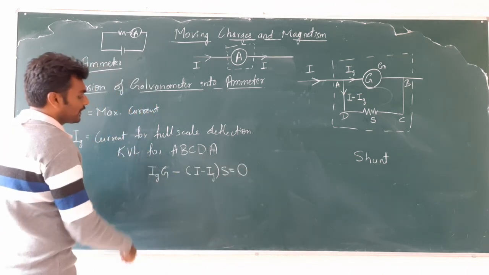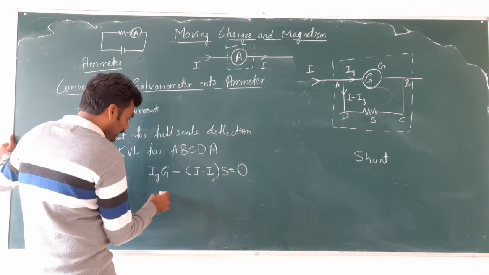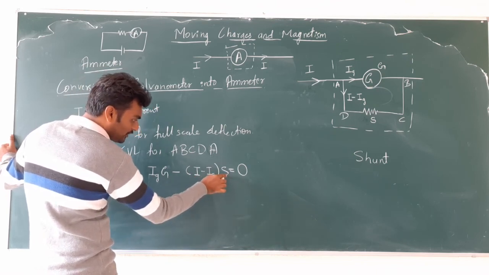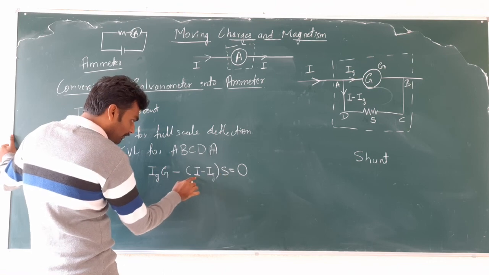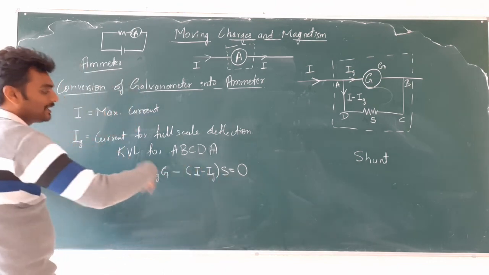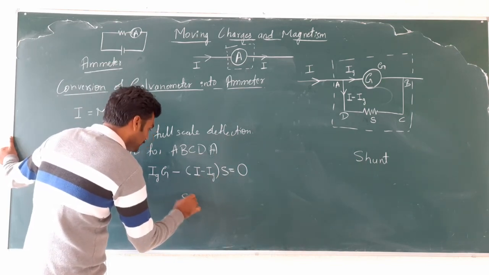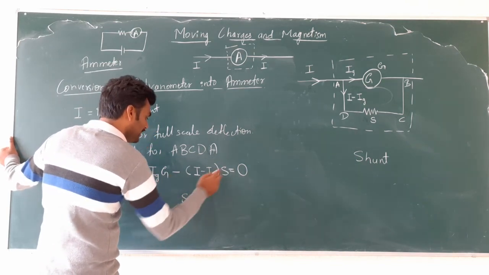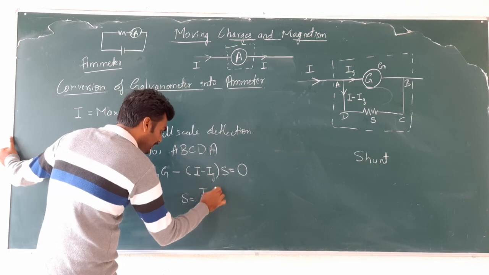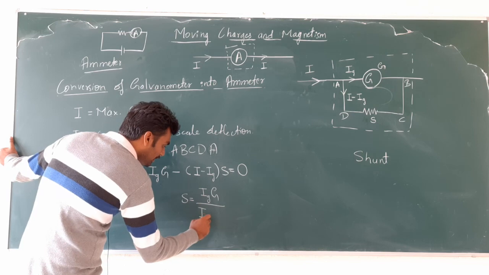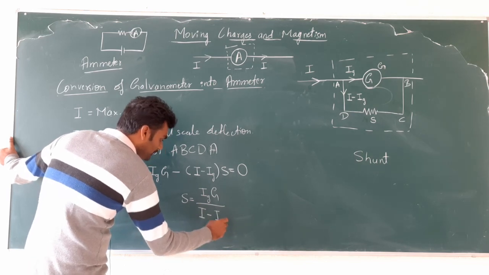Taking that to the other side, I need the expression for S in terms of I. S becomes equal to Ig G, divided by I minus Ig.